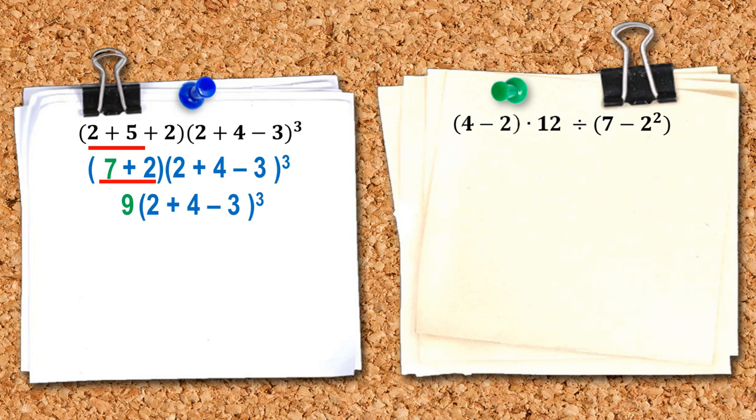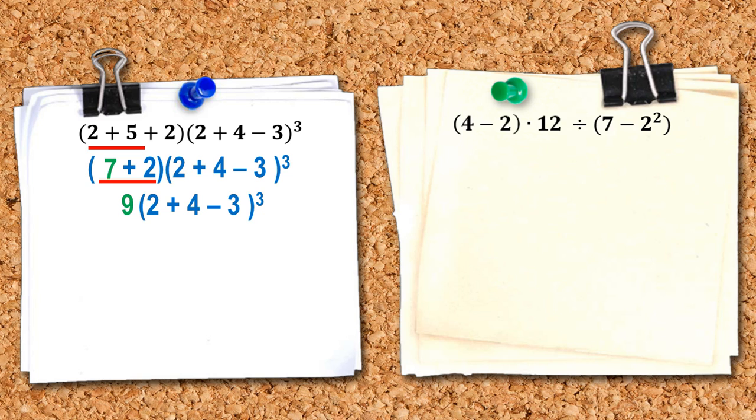Inside those parentheses, I don't see any other parentheses, so no nested parentheses. I don't see any exponents inside the parentheses, because we still can't touch that 3 exponent yet. I don't see any multiplication division inside the parentheses, but I do see addition and subtraction. So I'm going to go from left to right.